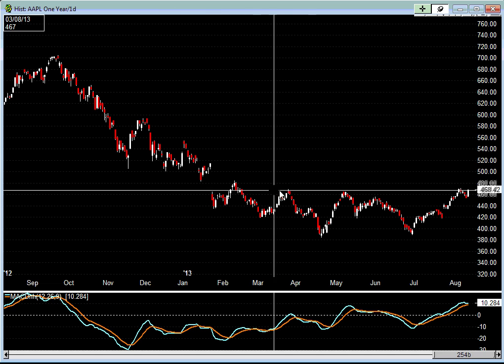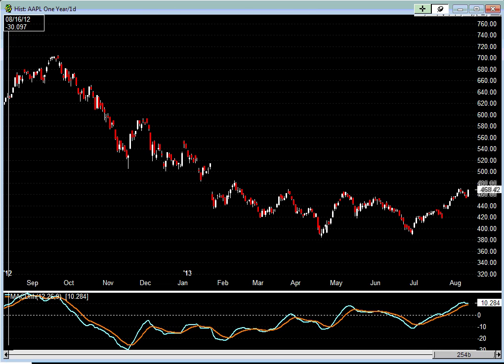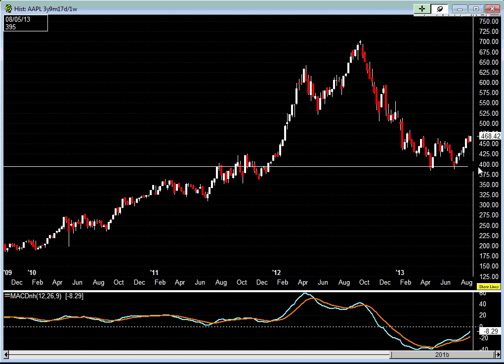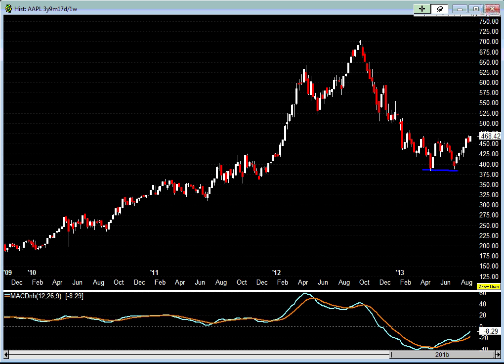And on Apple, you can see that on the longer time frame, the weekly chart here, there is a sort of double bottom. You can see this nice little W here, and we're essentially looking for this to break above this pivot point, which is somewhere around 474.